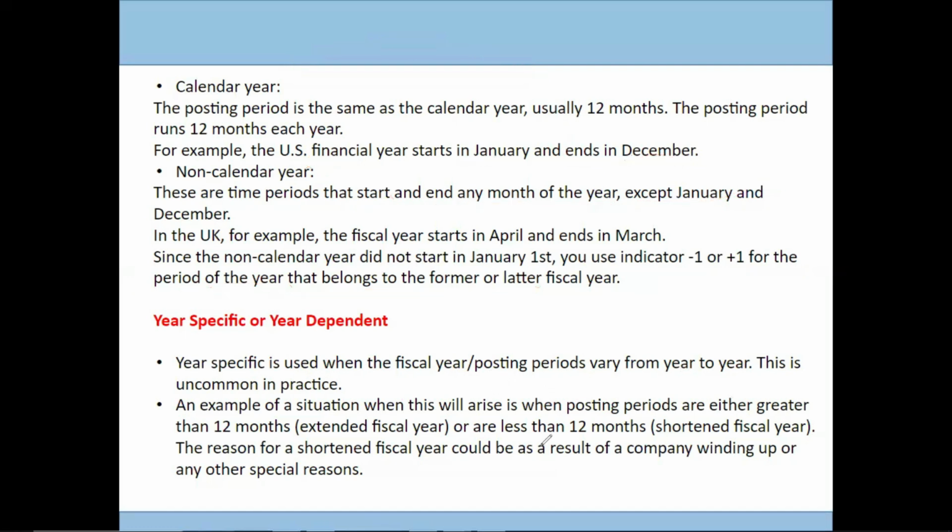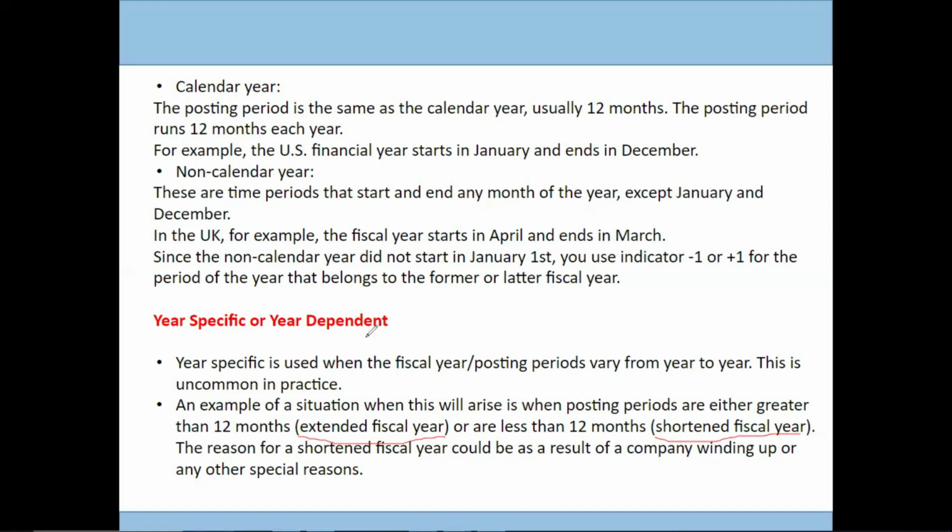An example of when this arises is when posting periods are greater than 12 months, which we call an extended fiscal year, or less than 12 months, which we call a shortened fiscal year. The reason for a shortened fiscal year could be a company winding up or other special reasons. So when do we use a shortened or an extended fiscal year?